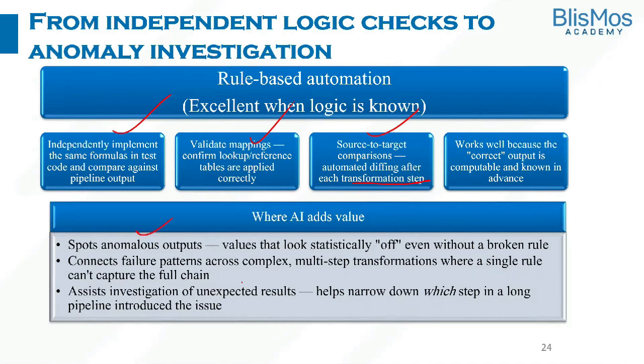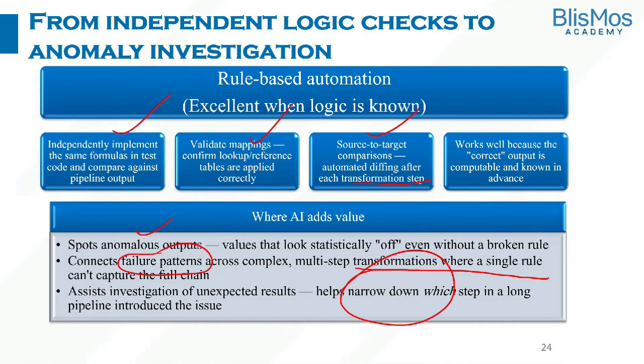It may connect failure patterns across several transformation stages, or it may narrow down which step in the long pipeline introduced the problem. So definitely AI will do a better job here as compared to the rule-based automation.